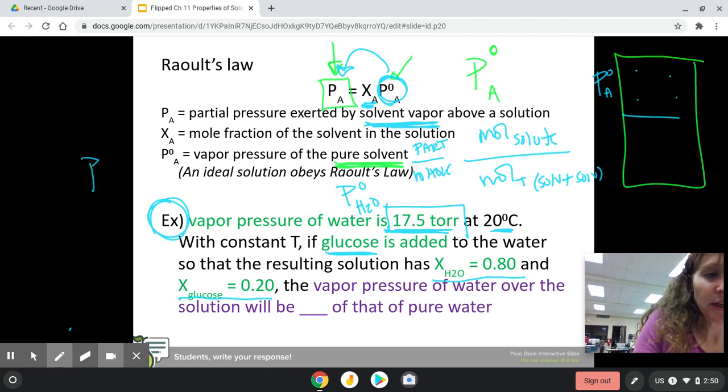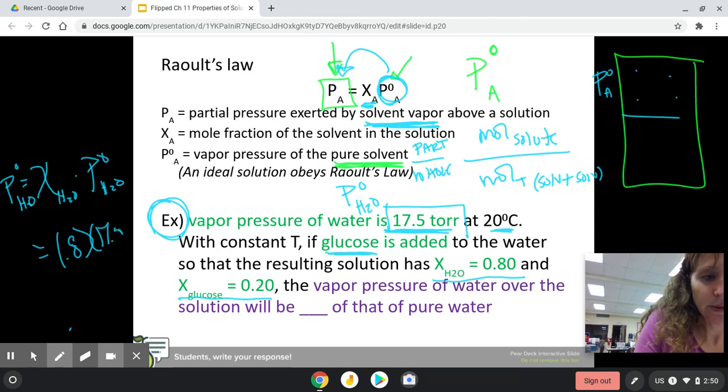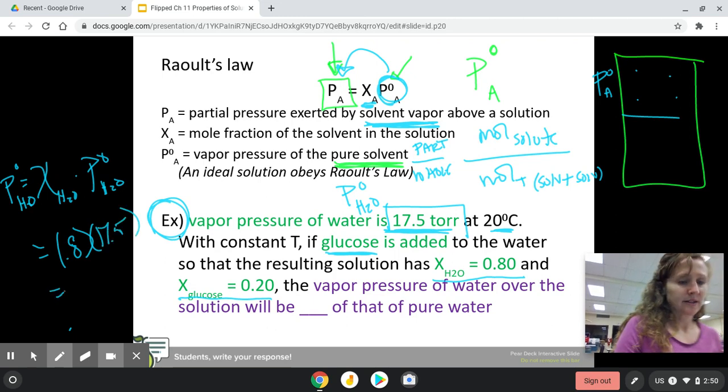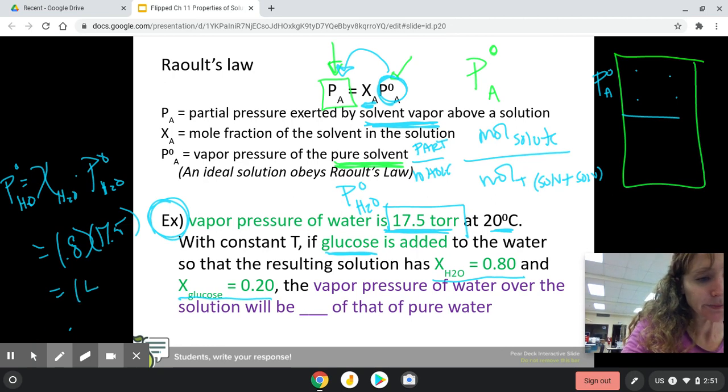So we're going to take P naught of water. We're going to multiply it by the mole fraction of water, and we're going to get the new vapor pressure of water. So basically, it's 80% of what it was originally. And that's 17.5 torr. So what is 80% of 17.5 torr? 14 torr.